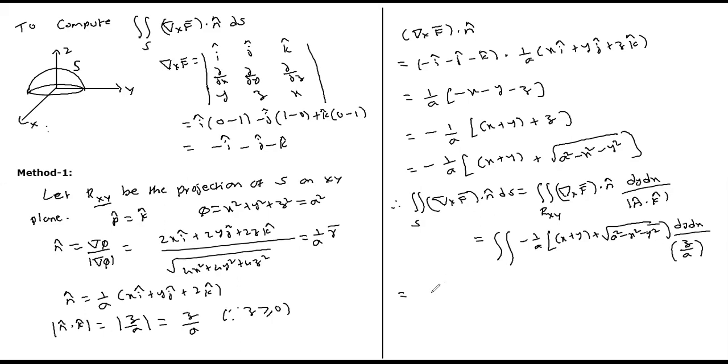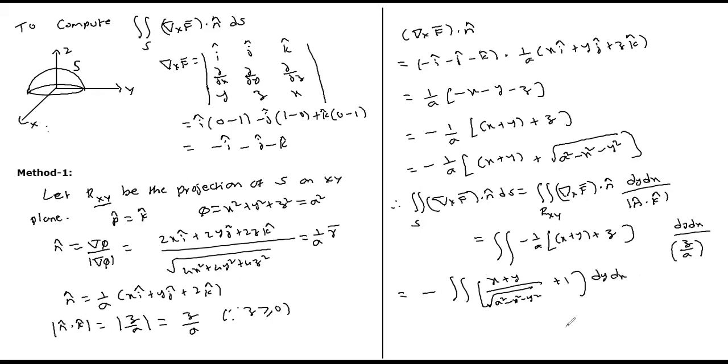So this is going to be minus. At this stage, I can cancel out z here. I will be writing z only here. So after dividing with z, you are going to get (x plus y) by under root of a square minus x square minus y square, plus 1, dy dx.